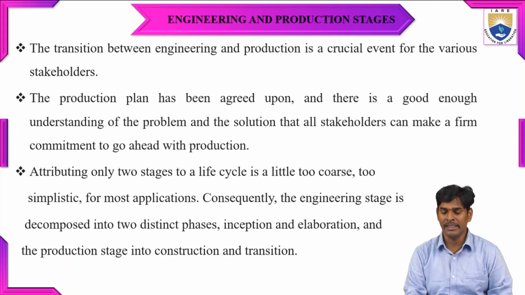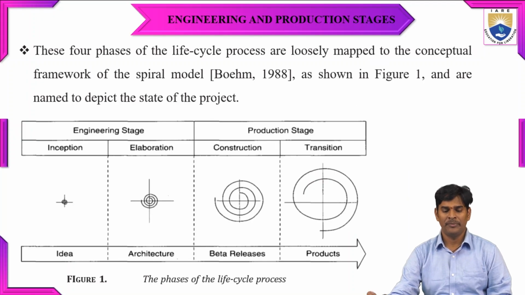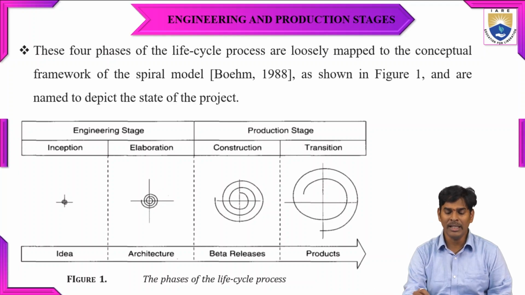We have seen that the engineering stage is divided into inception and elaboration, whereas the production stage is divided into construction and transition. So here we have the four phases in this diagram. This model we can call the spiral model, and it was developed by Boehm in 1988. First it is divided into two stages, engineering and production, and the engineering stage is again divided into inception and elaboration.